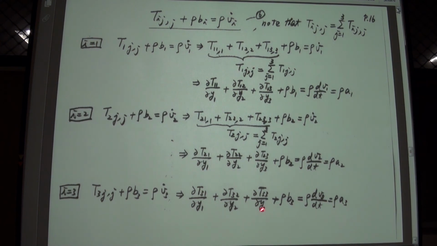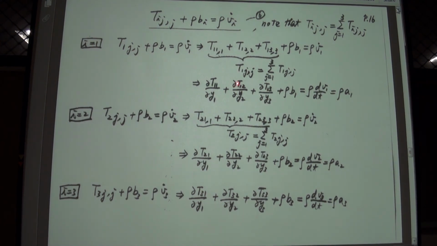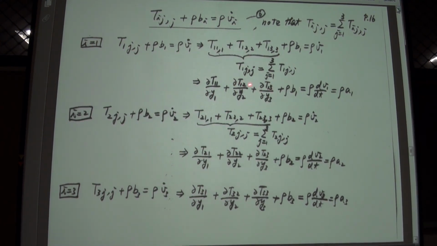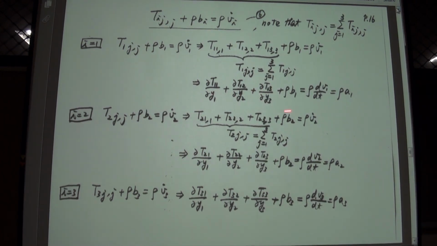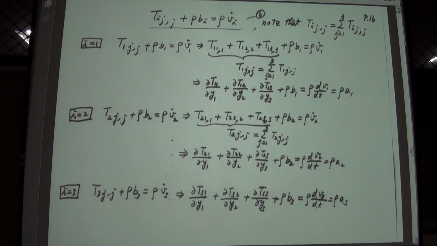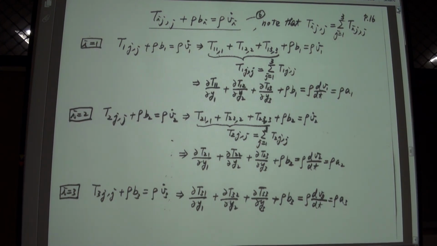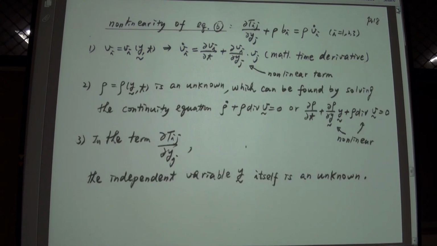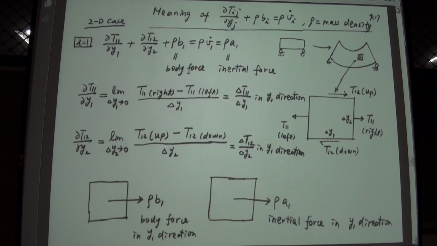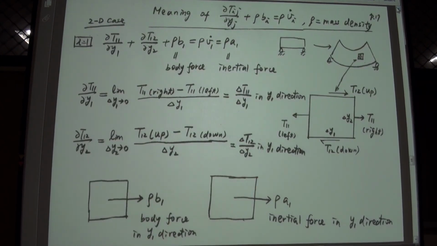We have three. Now we see this, and I have explained the meaning of this equation as the dynamical equilibrium in the horizontal direction. I have explained this viewpoint to you before.